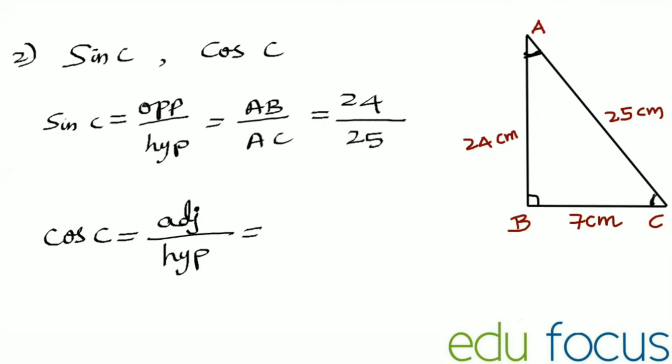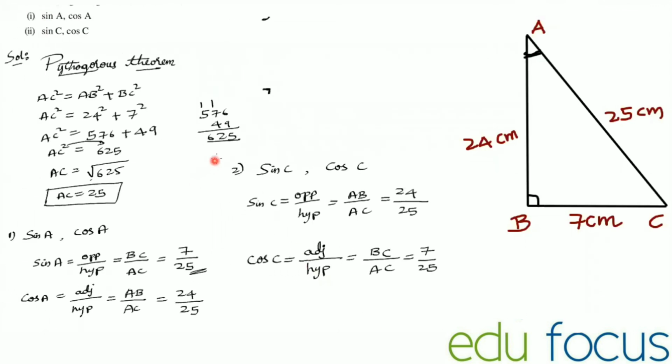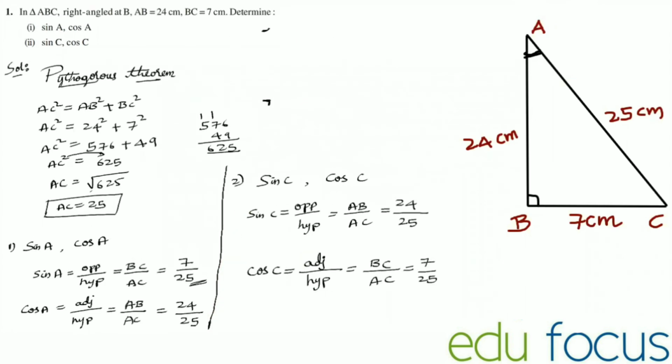This is the adjacent, BC, divided by hypotenuse AC. Always AC. So BC is 7 centimeter and AC is 25 centimeter. So this is the solution. I hope you understood the solution and the problem. Thank you.